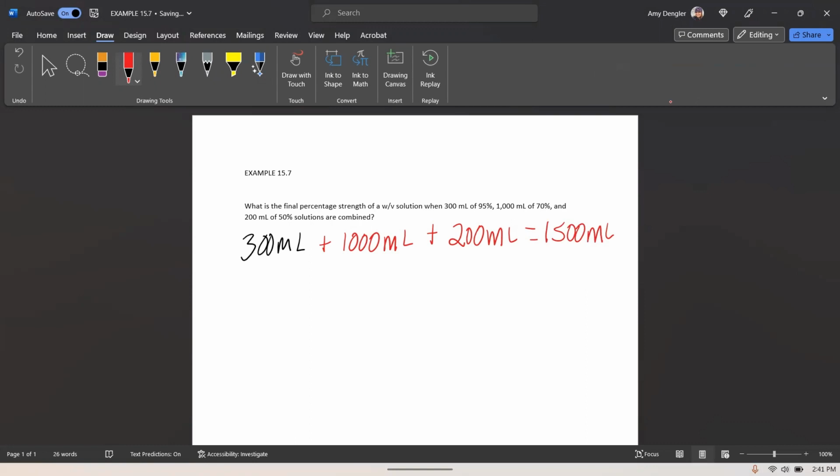Now we need to determine how many grams of medication are in each quantity to be mixed. So how many grams of active ingredient are in 300 ml of 95%? So what we first need to do is take 95% and turn it into a decimal. So how do we do that? Going back to our basic math, we rewrite it as 95 over 100.